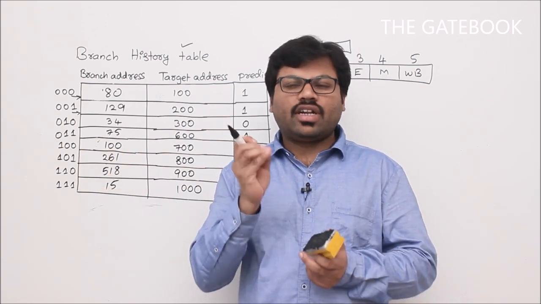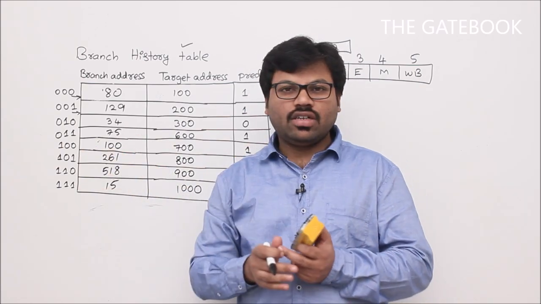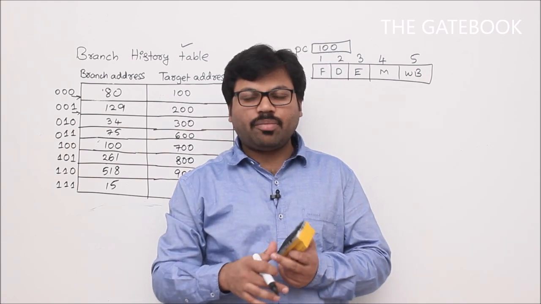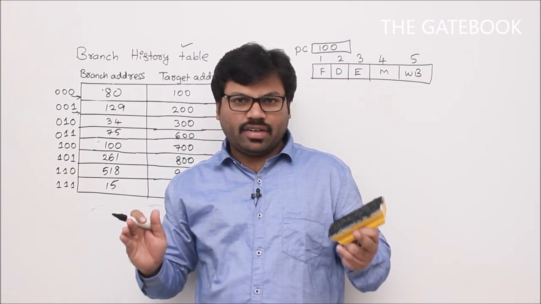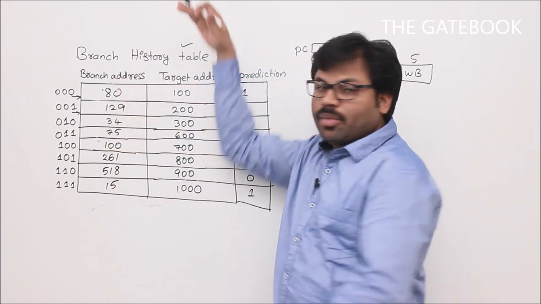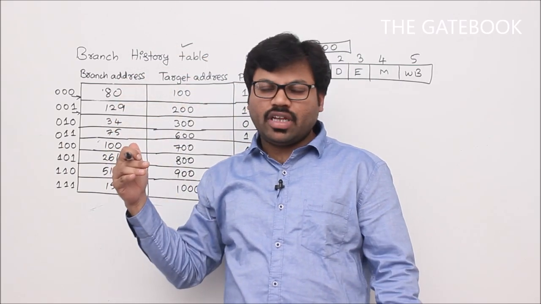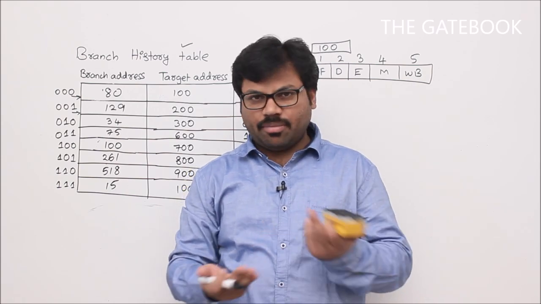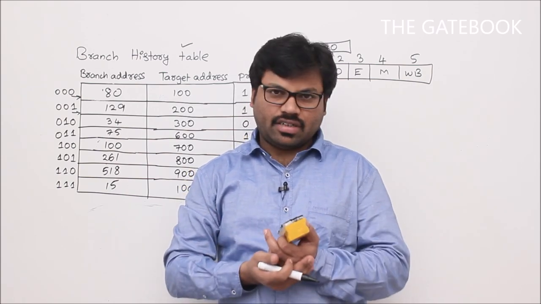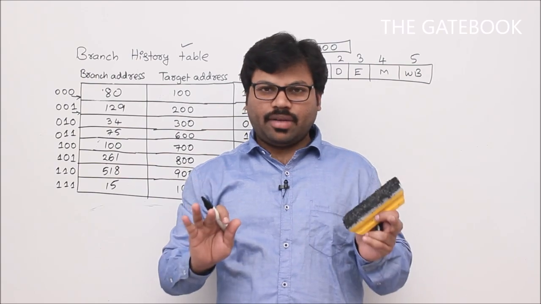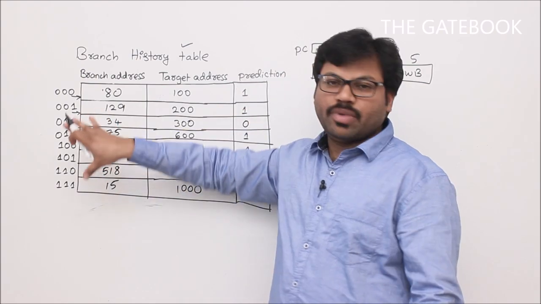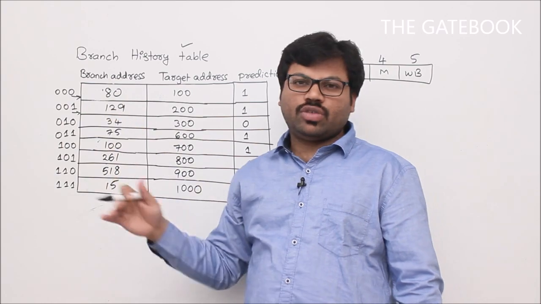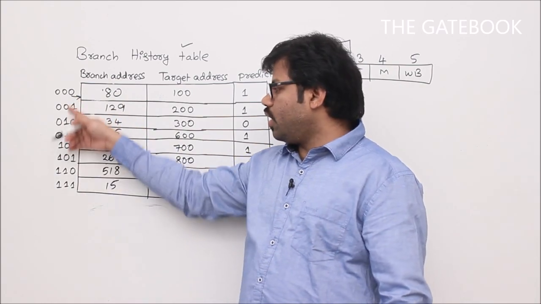What is the purpose of doing all these things? To reduce the stall cycles. That means you don't want to stop your pipeline. When you maintain a very big memory, accessing it will take a lot of time, and again you will be wasting time. That's why it's a contradiction. To not waste time, we have to quickly access this memory, so the number of memory locations should be less. That's why we are using only this many.